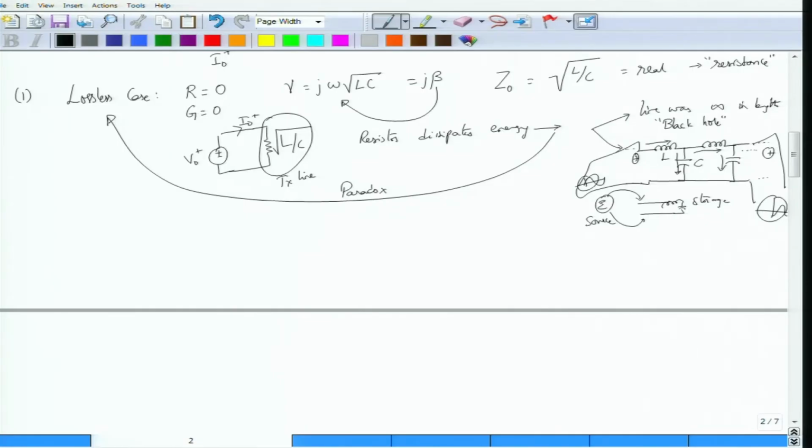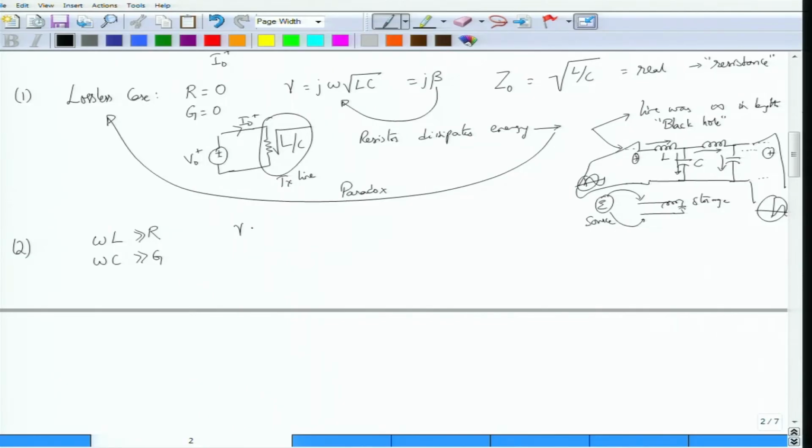Now that we have seen this lossless case, let us look at a slightly more realistic case. In the realistic case, omega, the operating frequency, is so large that the term omega L is much larger than R, and similarly the term omega C is much larger than G. In this case, what happens?